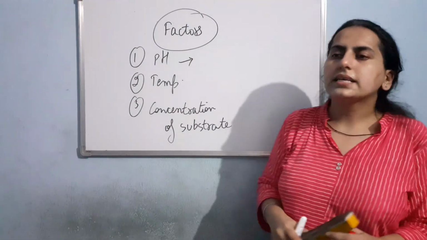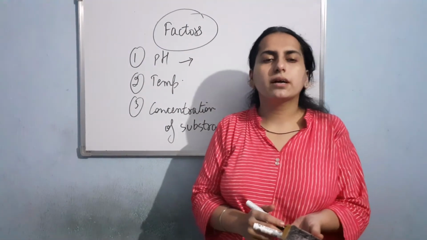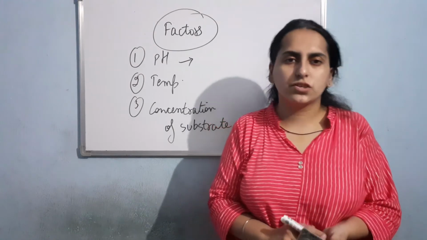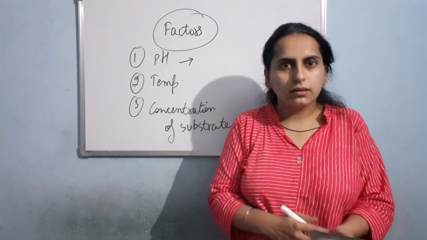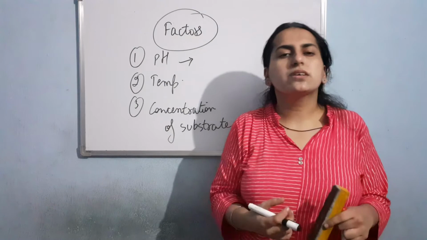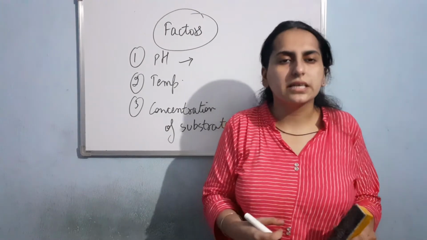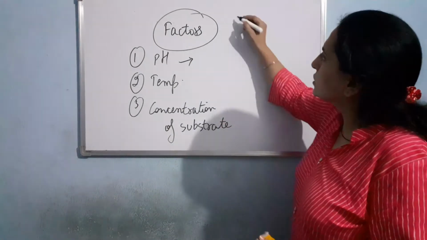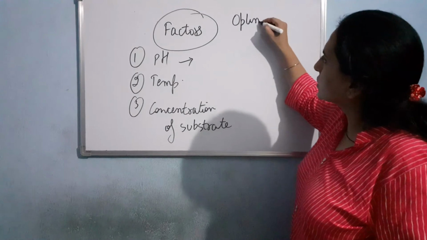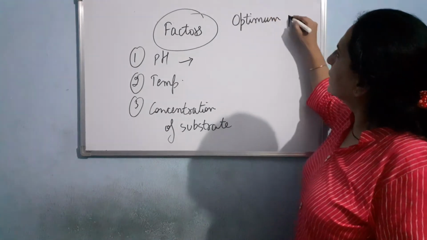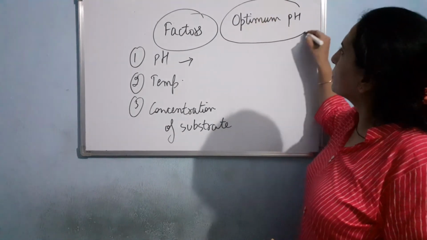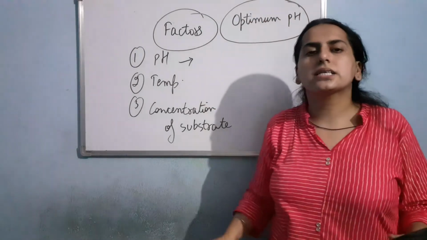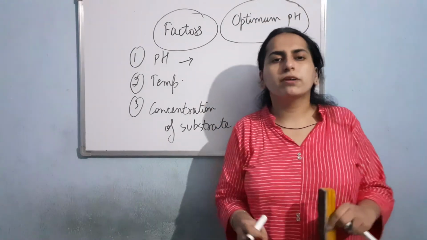Now, enzymes are specific at specific pH. Is it fine? Enzymes are specific at specific pH, and there is a pH known as optimum pH. At this value, the enzymatic activity is maximum. It is different for different enzymes.